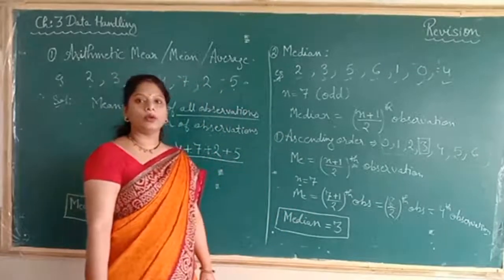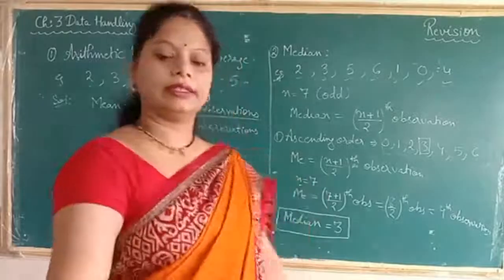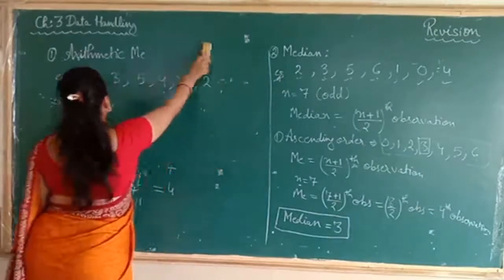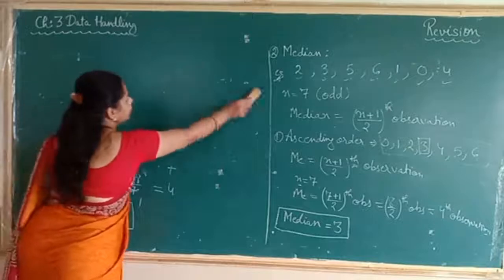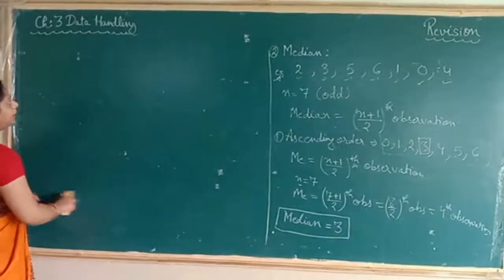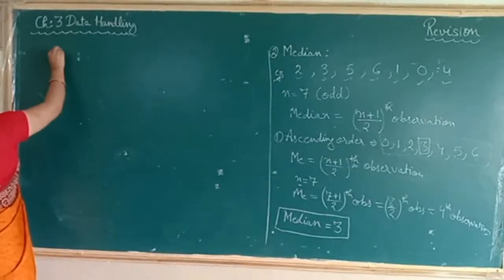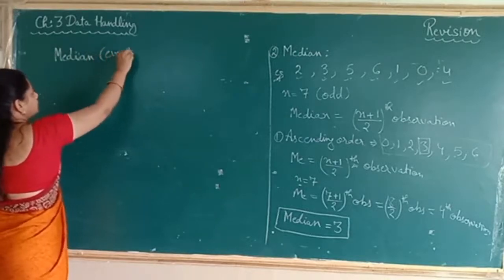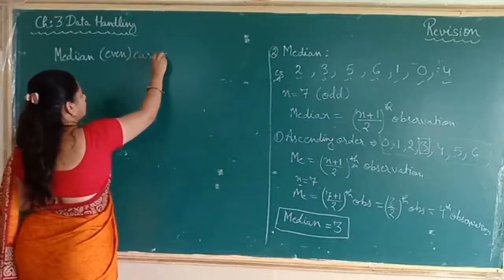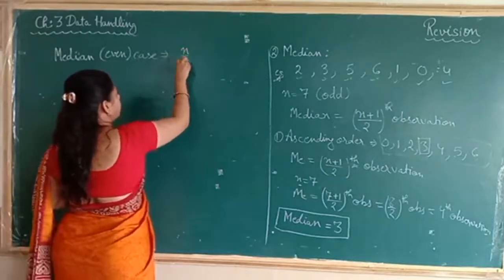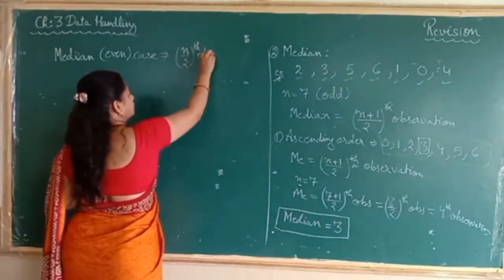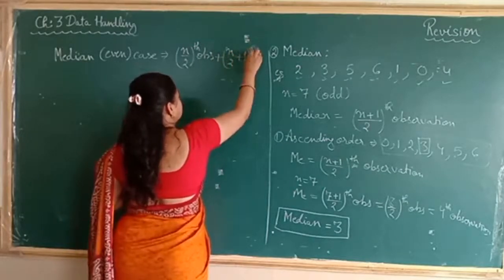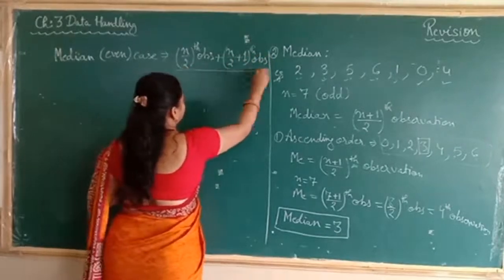Similarly, if we have to find the median in case of even numbers, we also can find it, and the formula for finding the median will be, I am writing here, median for even case is equal to the n by 2th observation plus the n by 2 plus 1th observation, divided by 2.